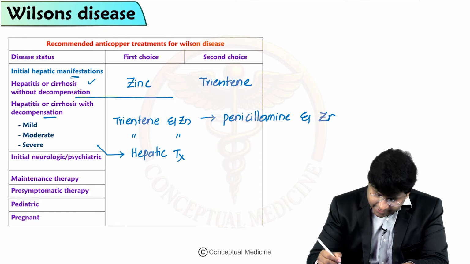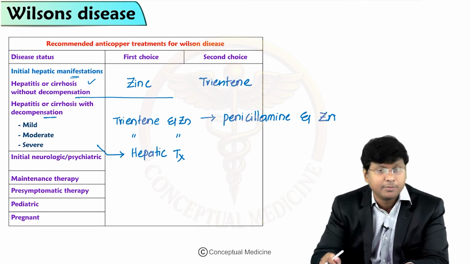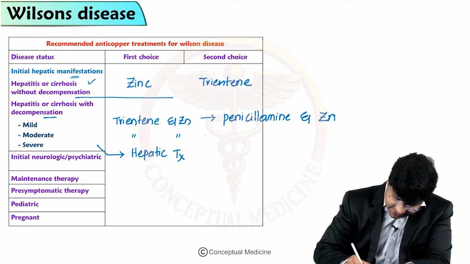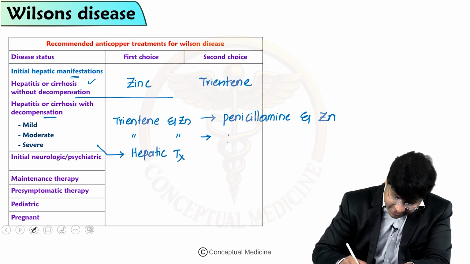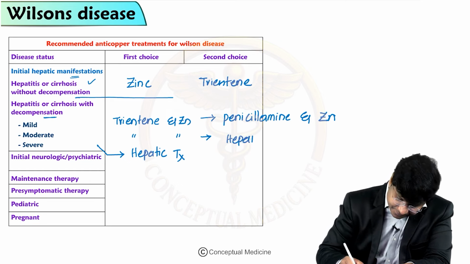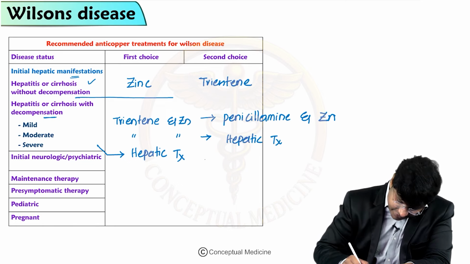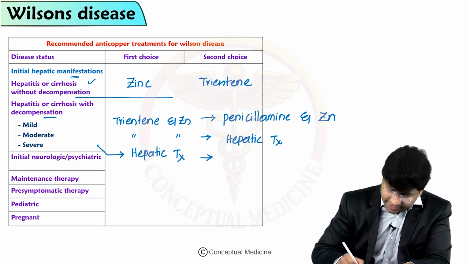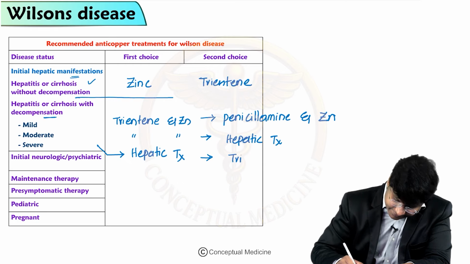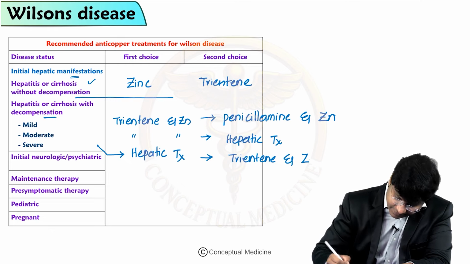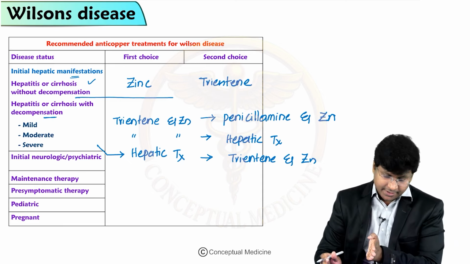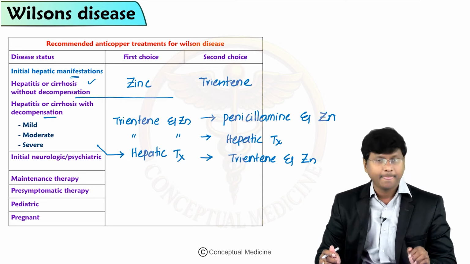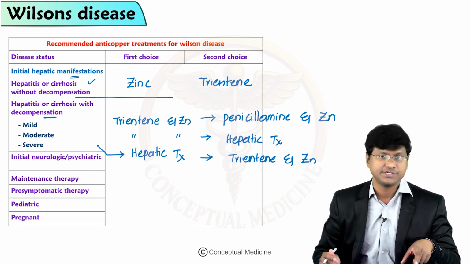That will be the alternative choice in case of the mild form of cirrhosis with decompensation. Whereas in moderate forms, the alternative choice will be hepatic transplantation, right? And in severe form, the alternative is trientine and zinc. Okay, so these are the second choice drugs, right? Or the alternative for these hepatic manifestations.